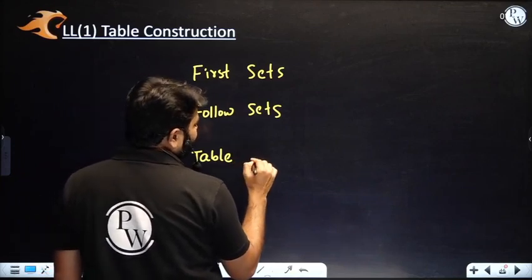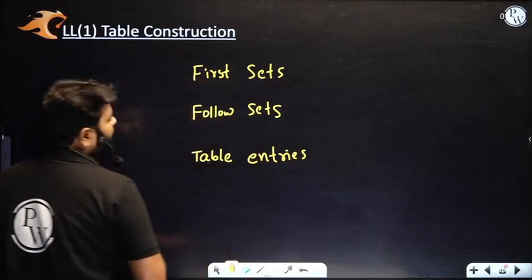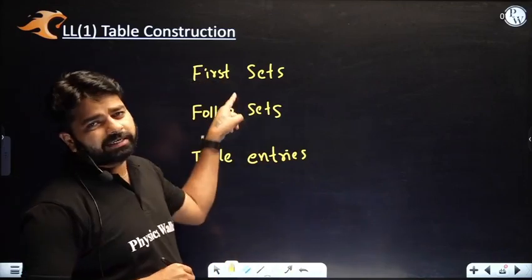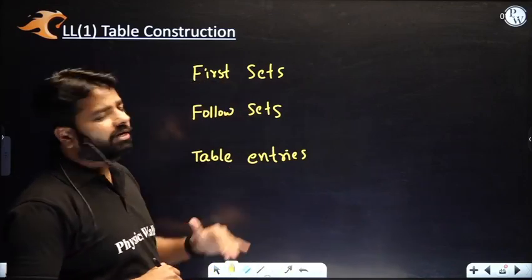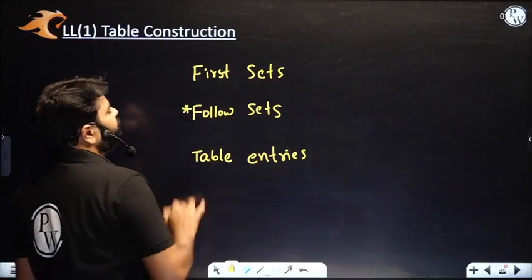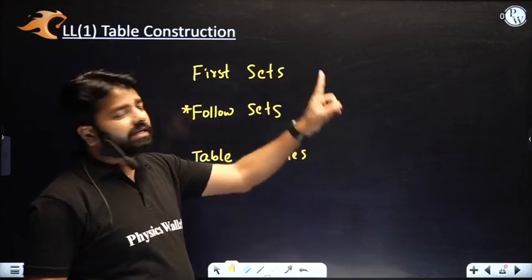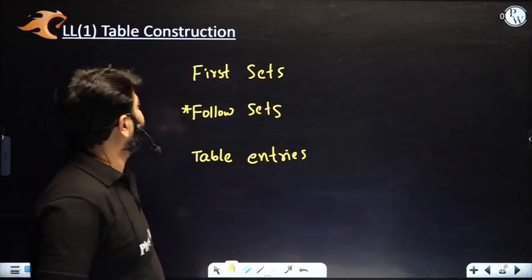You make a table and fill the table entries. How do you fill that? With the help of the first set and follow set. This last one is optional, not compulsory. The follow set is computed only when the first set has epsilon, otherwise it is not required.